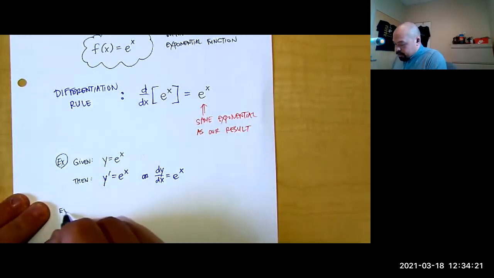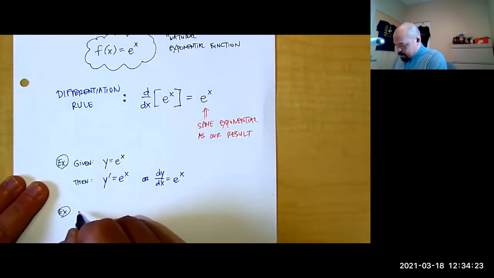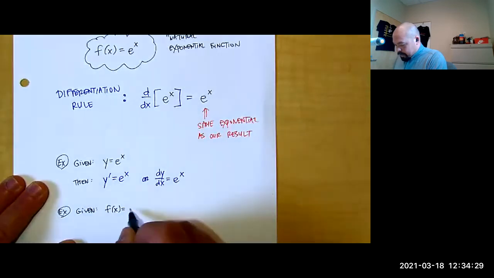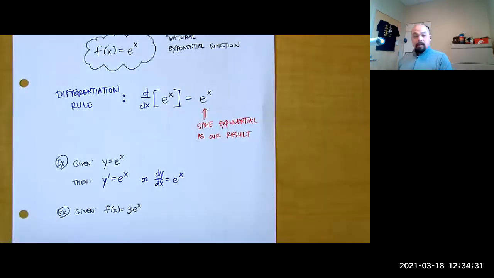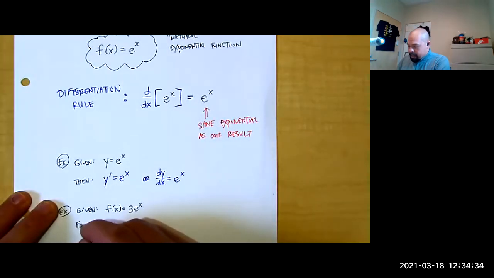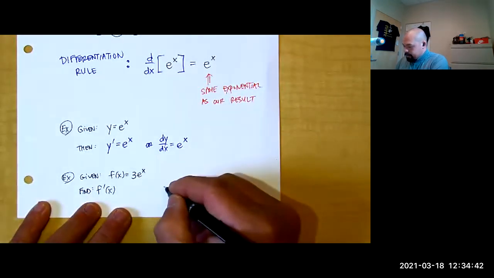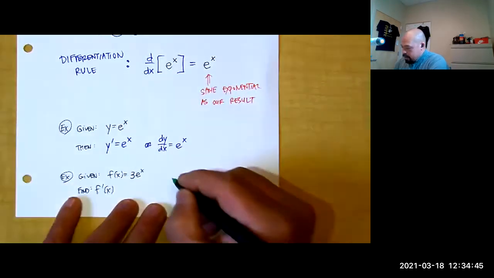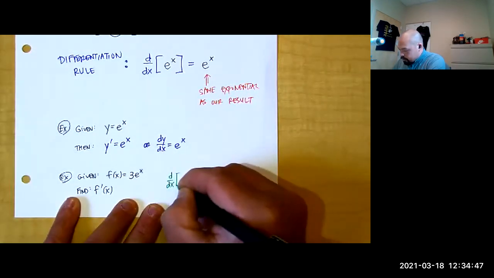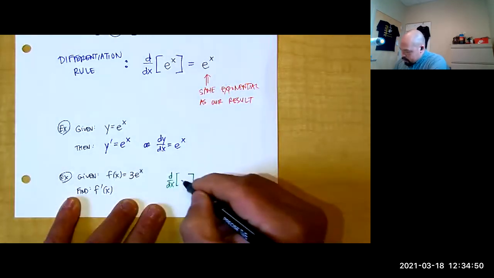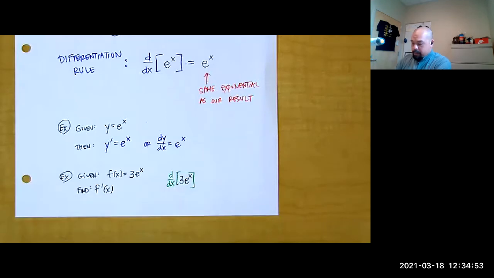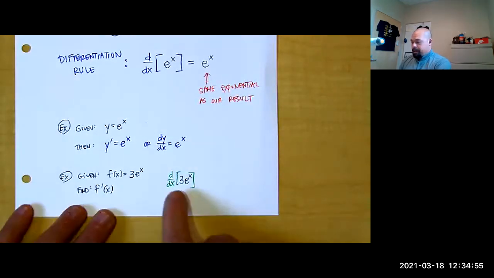And so then if we start to incorporate a coefficient, say like f of x equals 3e to the x, and we want to find f prime of x, right? So if we go through our action, taking our derivative, okay, derivative d/dx of 3e to the x, right?